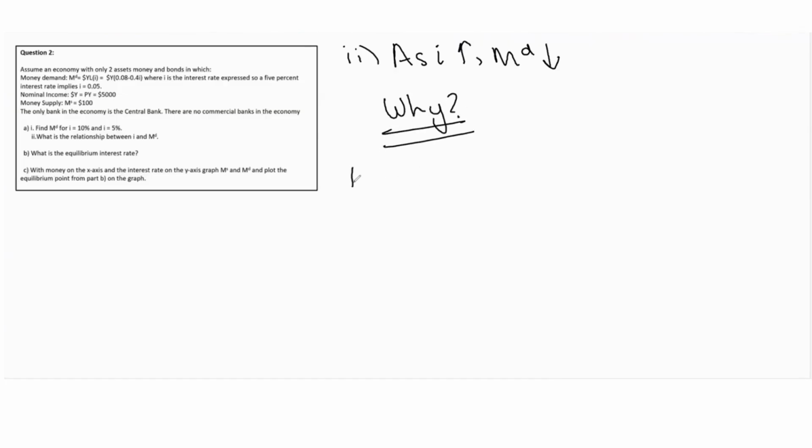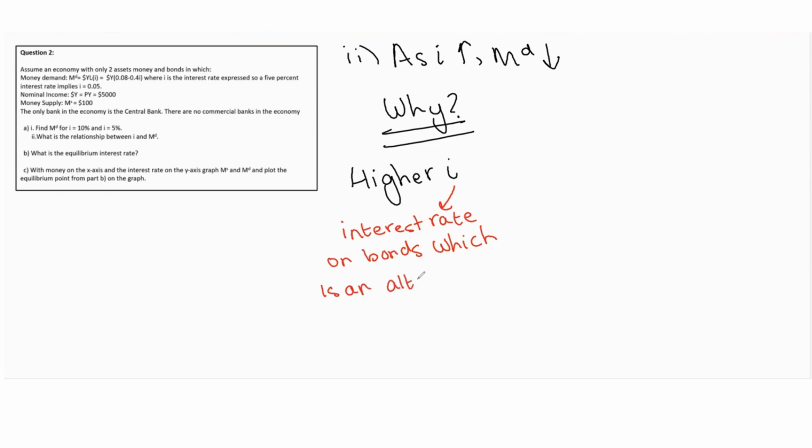For this, first let's keep in mind, what does i represent? Remember, i represents the interest rate on bonds, which is an alternative form to hold wealth in rather than money.